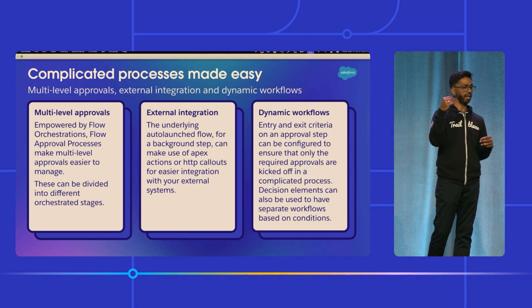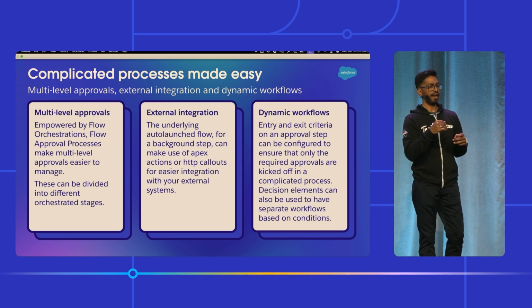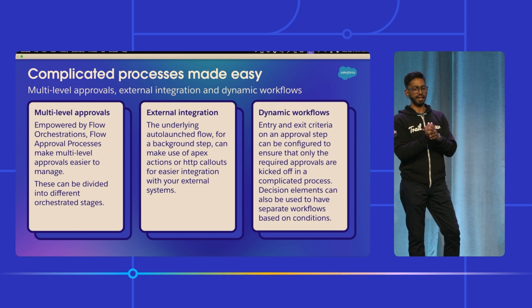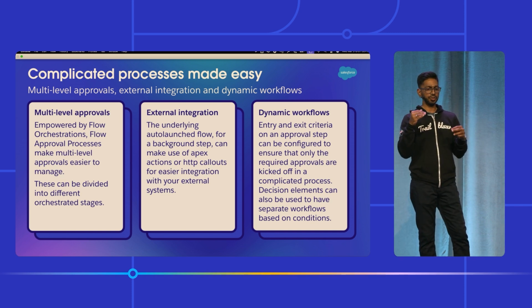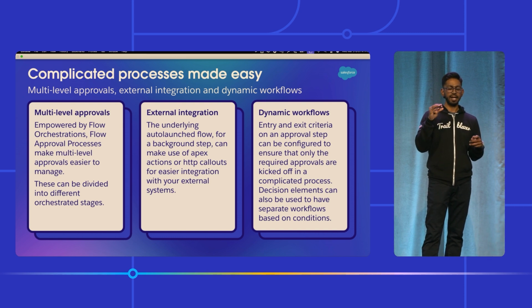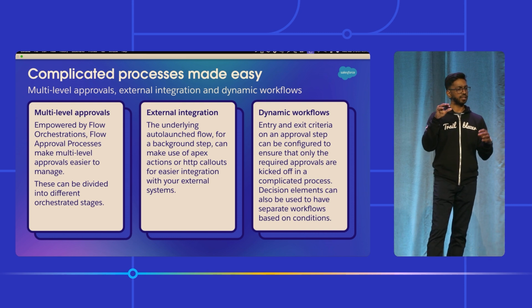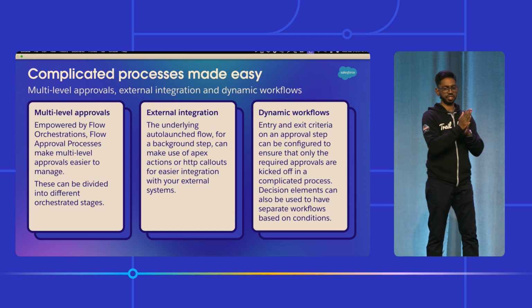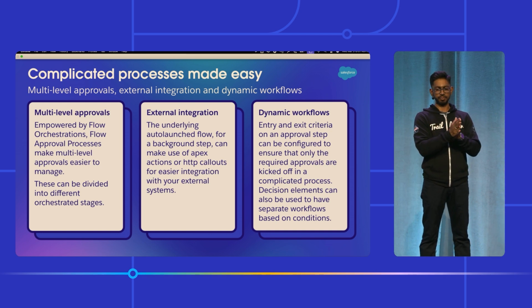You can organize them into multiple stages, and you can also have decision points to have some conditions in between. And that will just allow you to make it just the way your organization would need it. And you'd be easily able to visualize all of that inside of the canvas, organized in neat stages, which I'll also cover in the demo.